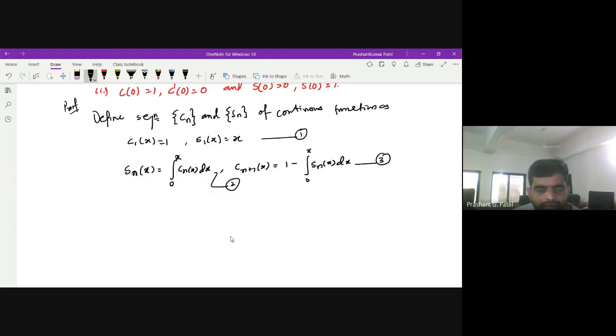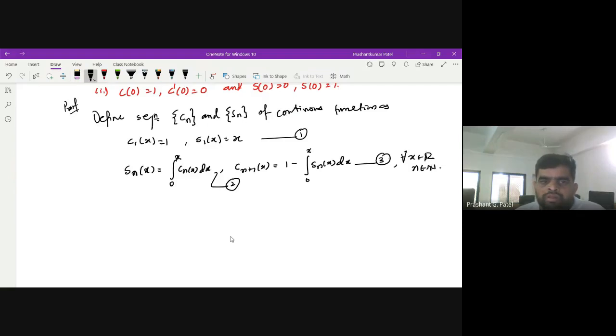And this is true for every x in R, and for every n in the natural numbers. One can easily prove by induction that Sn and Cn are continuous functions, and since they are continuous, they are integrable over a bounded interval.